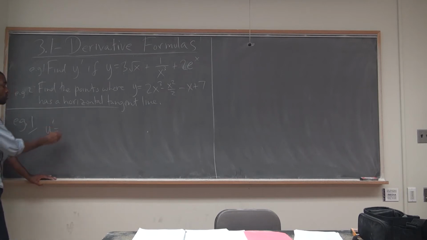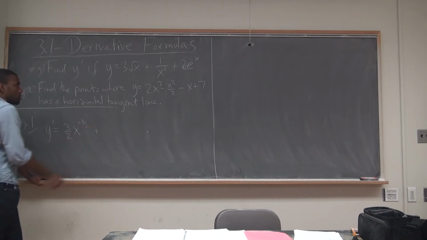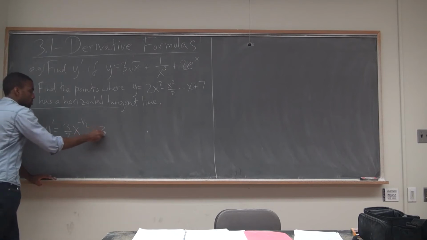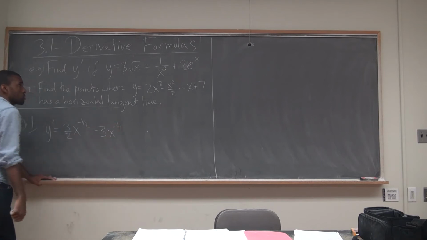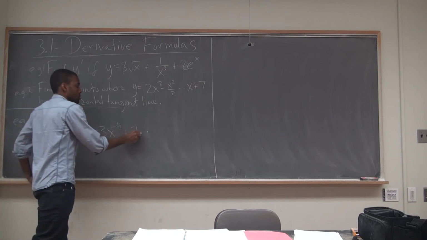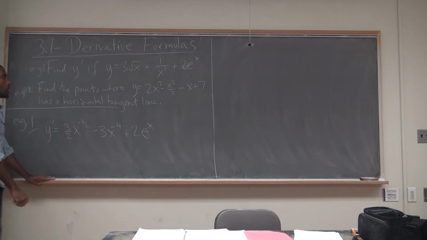3 halves x to the negative 1 half plus, let's see, negative 3x to the power of negative 4 plus 2e to the x.